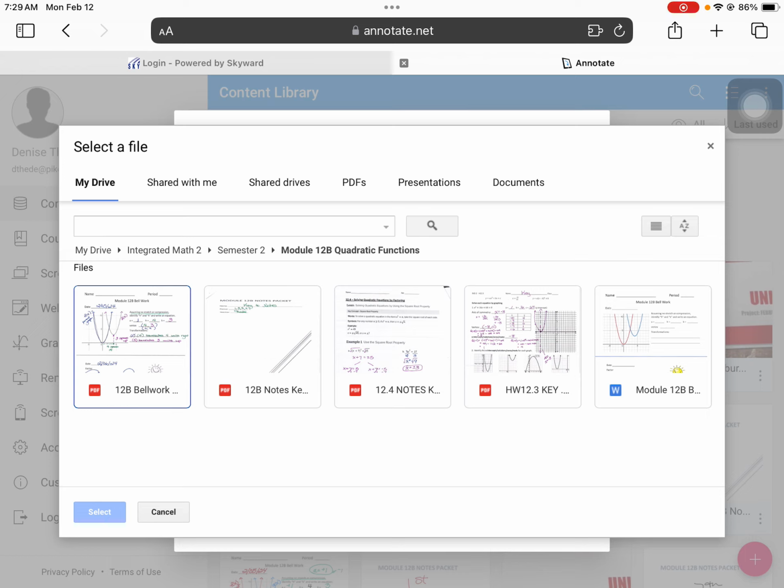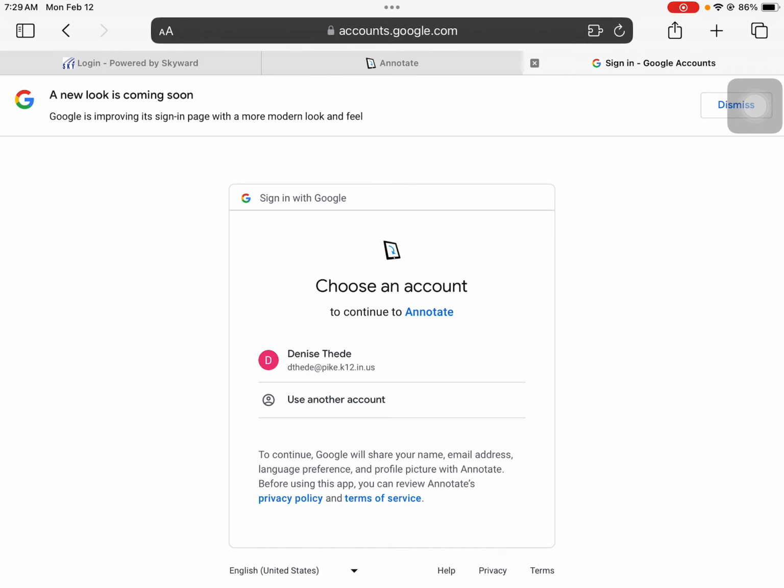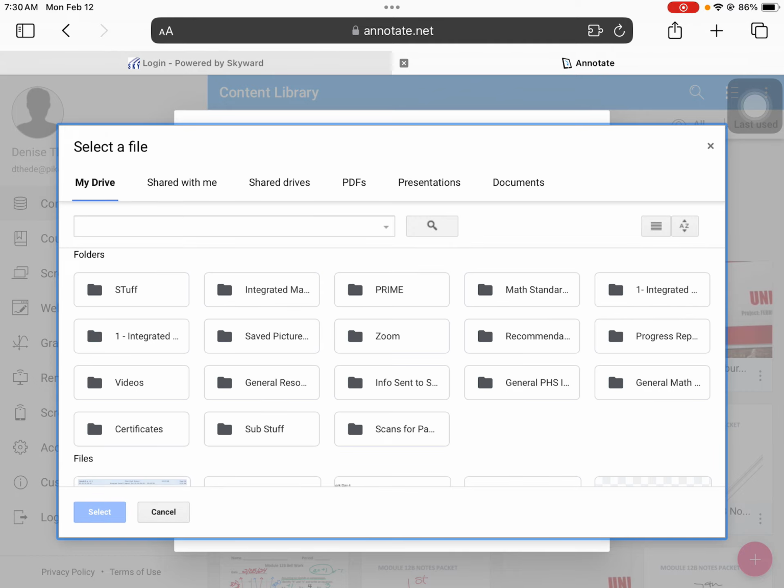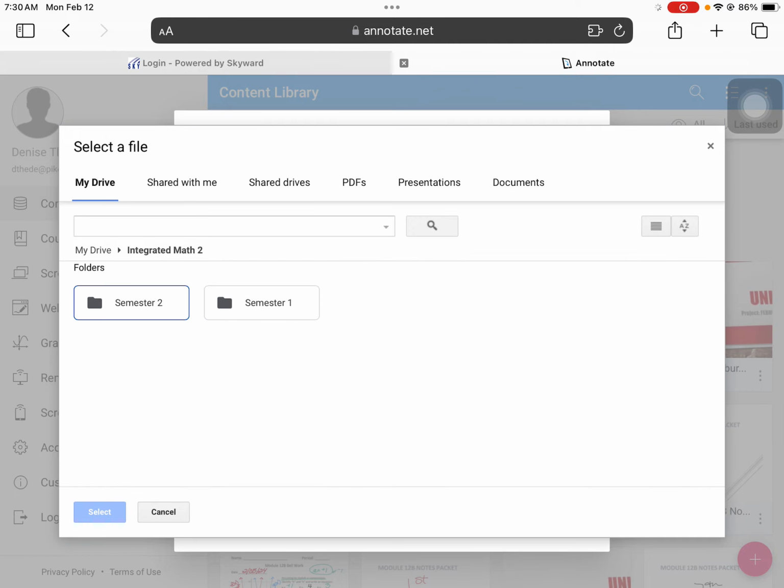Number 12-4. See if I can bring this up quick now. My drive.